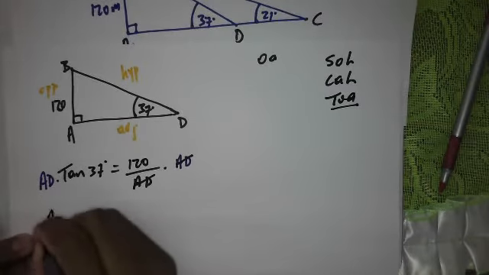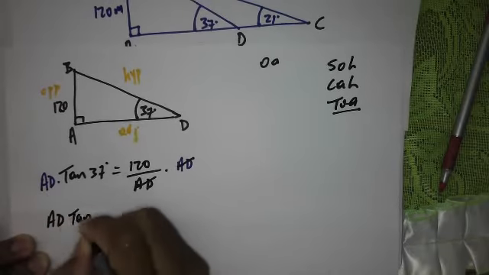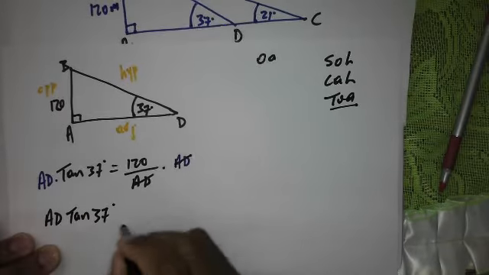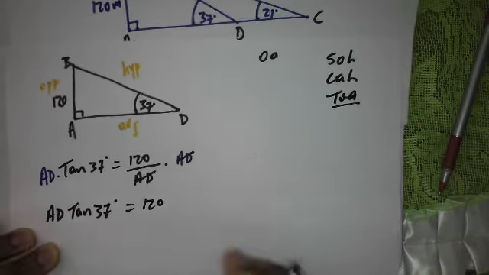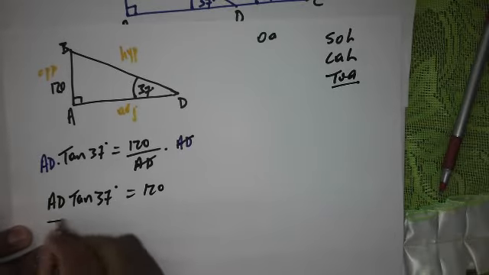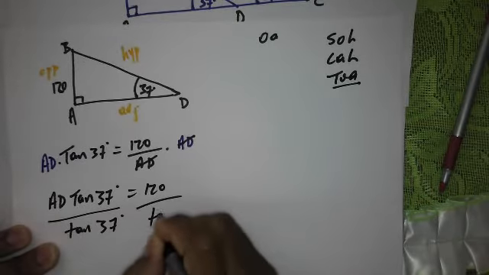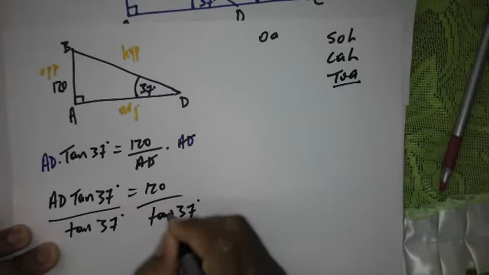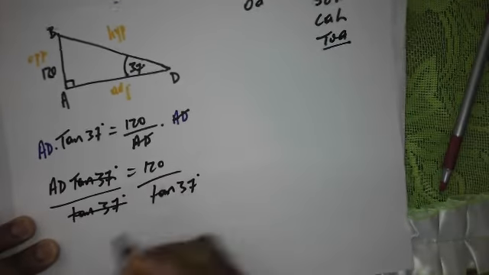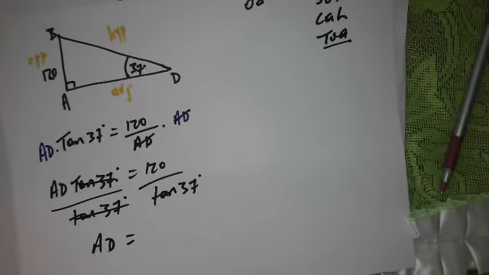So now I have AD tan 37 degrees equals 120. Now I want to find AD, so I divide both sides by tan 37 degrees. That part would cancel. So AD equals, and I can put this in my calculator as is.